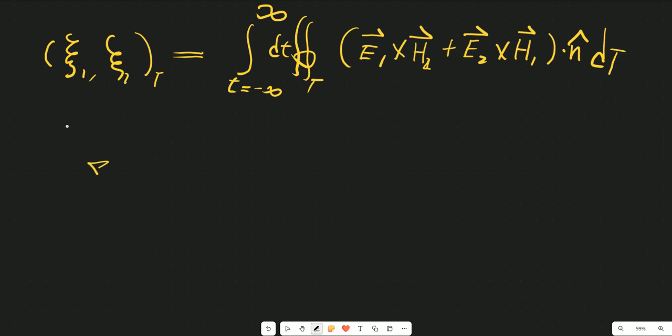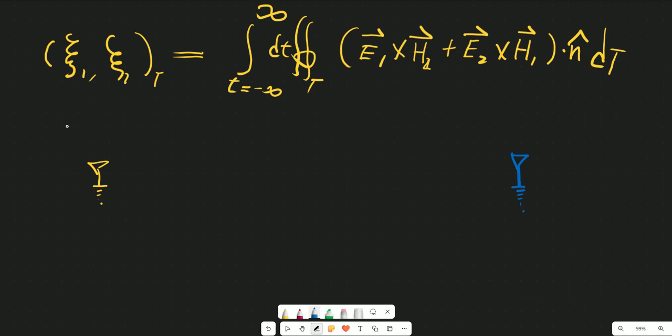Here you have a transmitting antenna. Here perhaps you have a receiving antenna.